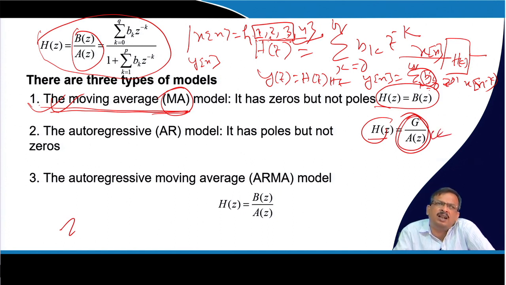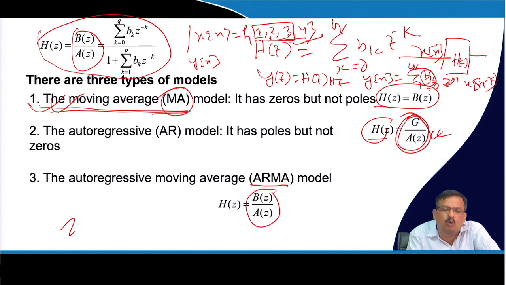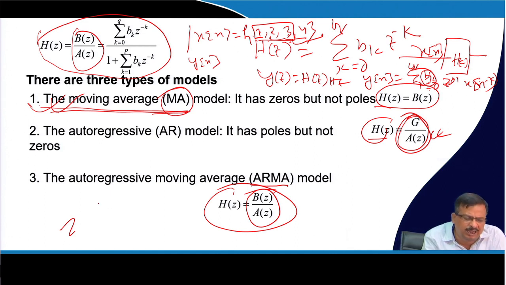Now there is an auto-regressive and moving average model, the ARMA model, which has both poles and zeros. So I can design a rough filter by using some modeling technique. Instead of constant specification of the filter, I can use some modeling technique and design that filter. For example, suppose I have given you a signal where there is some local variation in the signal.